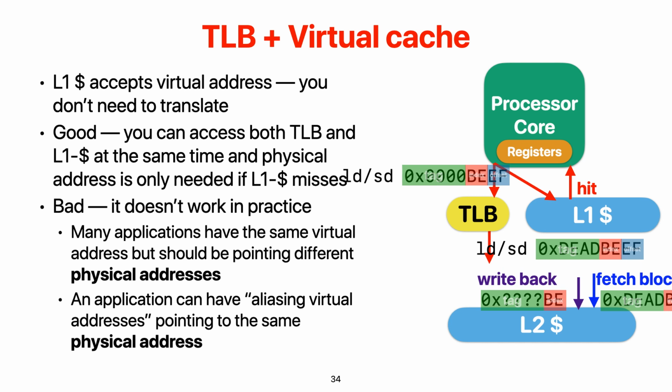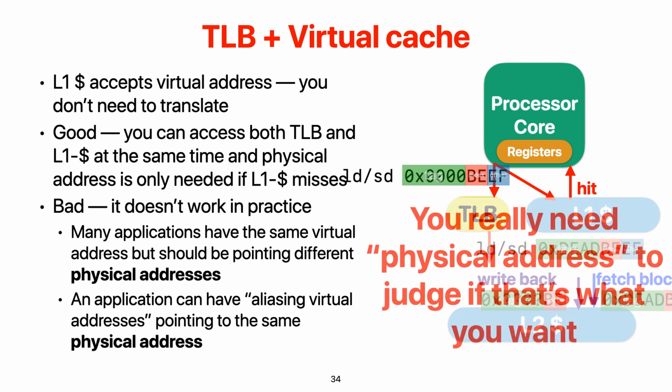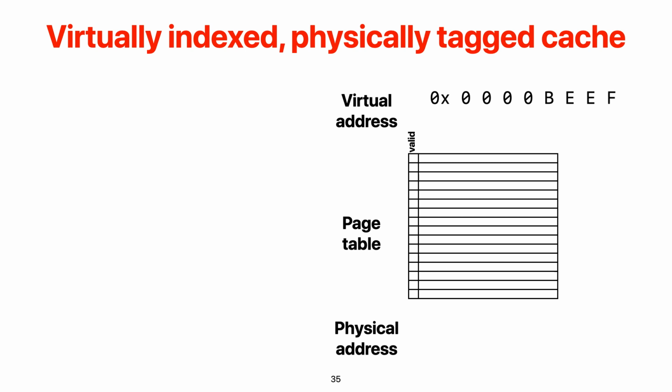The only way to distinguish them is using physical addresses, and if you only store information about the virtual address, you are not able to identify what you really want. So the key here is that we need something to help us get the physical address to tell what's inside the cache. So architects came up with a solution called the virtually indexed, physically tagged cache.